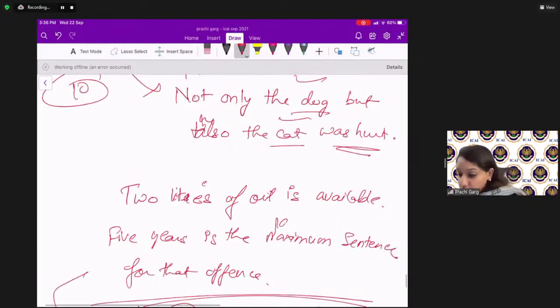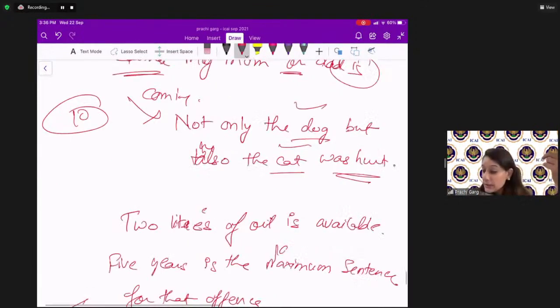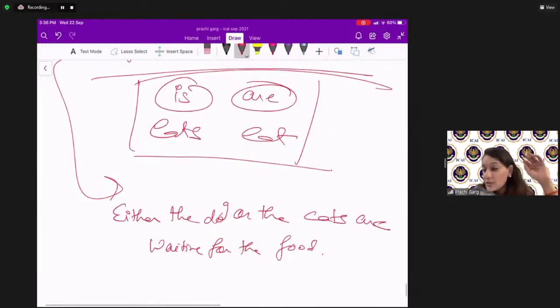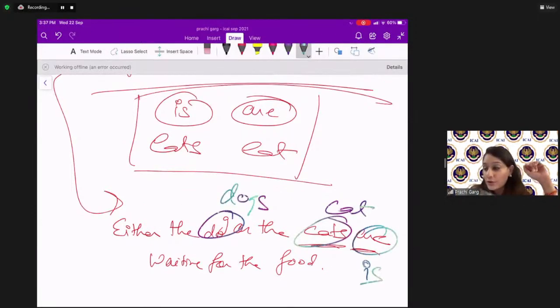In this case, I told you that if we're talking about two things and both are singular, we use a singular verb. But in this case, if one is singular, one is plural, it depends on which is the nearest to the verb. We will use a verb accordingly. If this becomes the cat, singular, and this becomes the plural, we will use the singular here according to the cat, because cat is closer to the verb. Clear? Yes.